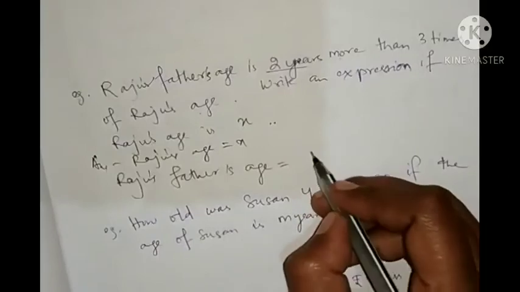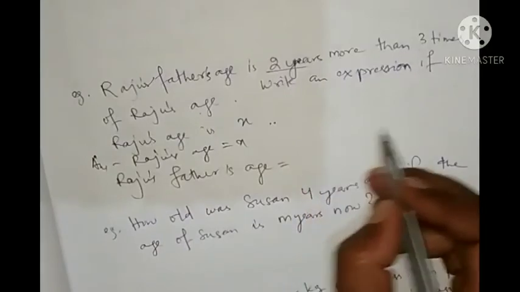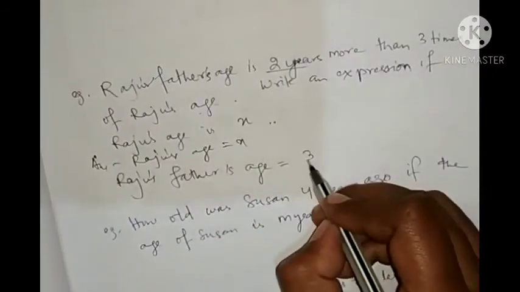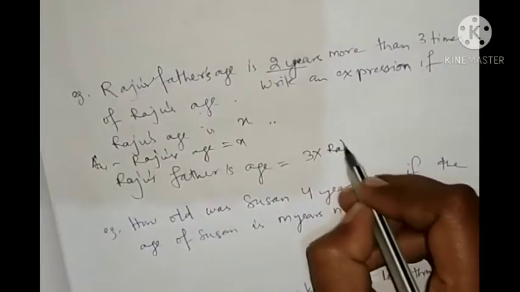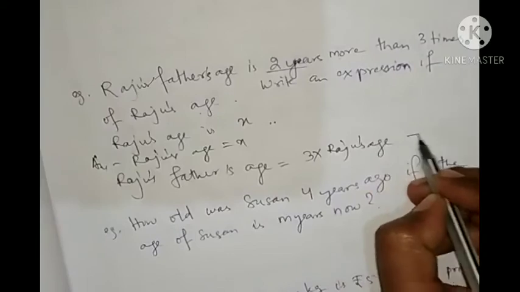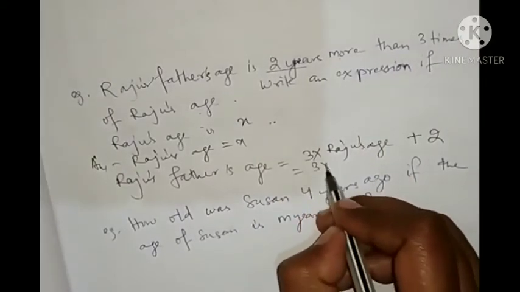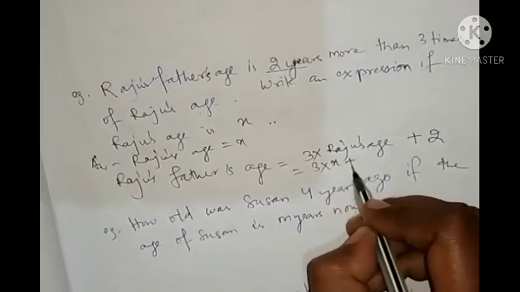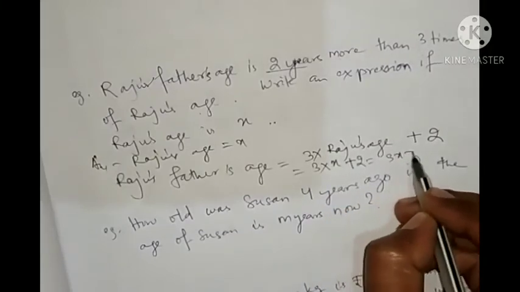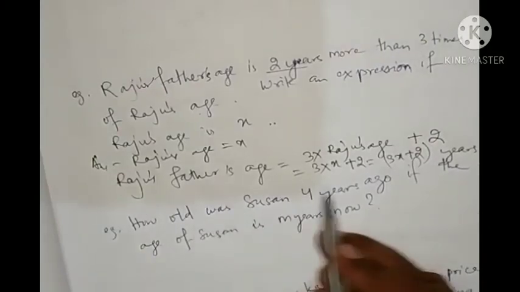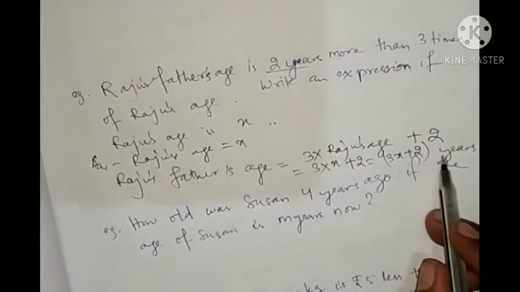Means 2 years more means 2 plus you will do, and 3 times Raju's age means 3 into Raju's age. So what is that? 3 into Raju's age plus 2 more, 2 years more. So what you can write? 3 into Raju's age is what? X plus 2. That is what? 3x plus 2 years. Okay, so Raju's father's age is how much? 3x plus 2 years.